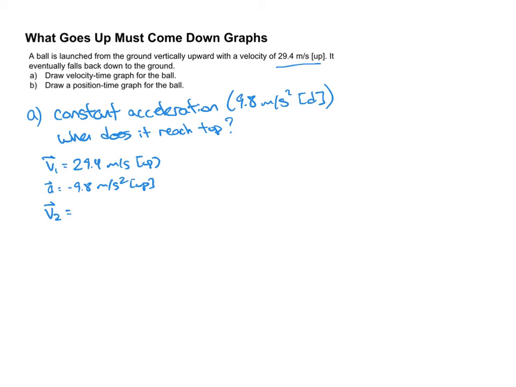So V2 will be 0 at the very top. And I want to know when this happens, so delta T is a question mark. To go back to all my kinematics equations and find the suitable one, so it's going to end up being this equation here. I do have them memorized, yes.